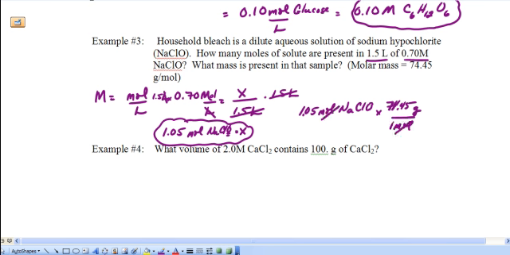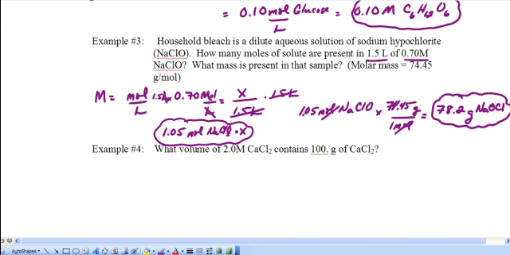The moles divide out. I'm left with grams. And now 1.05 times 74.45 equals 78.2 grams of sodium hypochlorite. And we'll write it that way this time. So there you go.